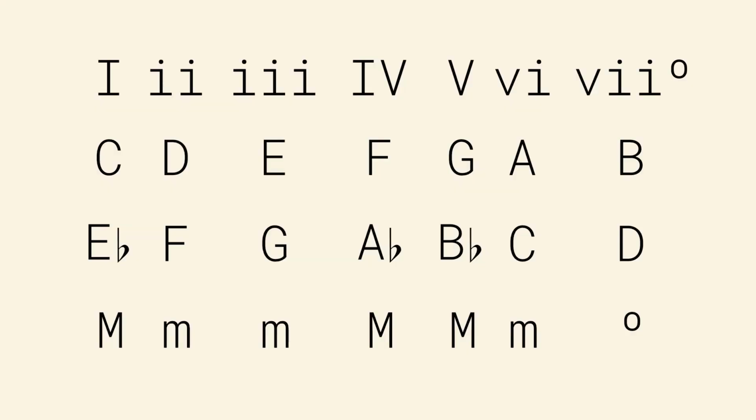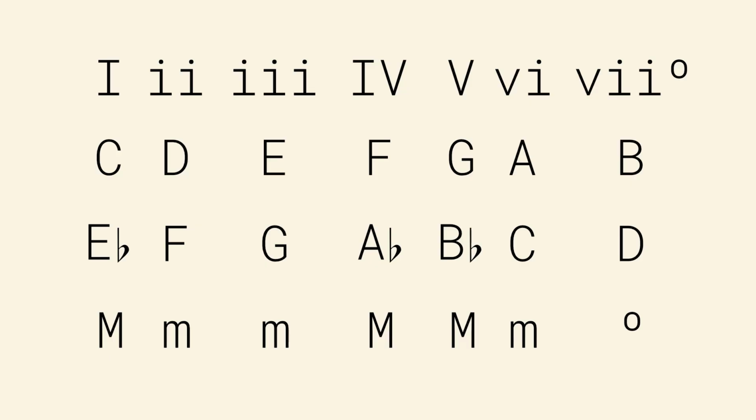And here you'll see the numbers are written as Roman numerals, and that also gives us an indication. You'll see that the 1, the 4, and the 5 are capitalized. The 2, the 3, and the 6 and 7 are lowercase.